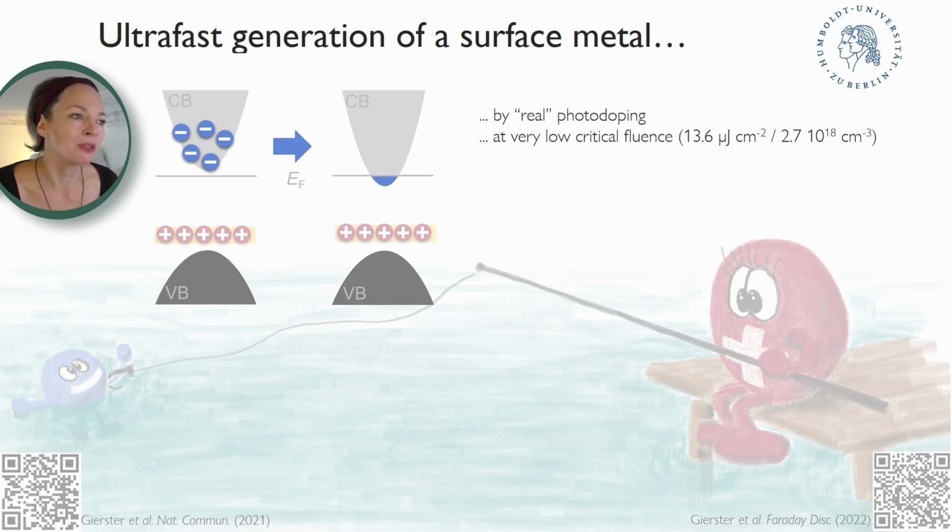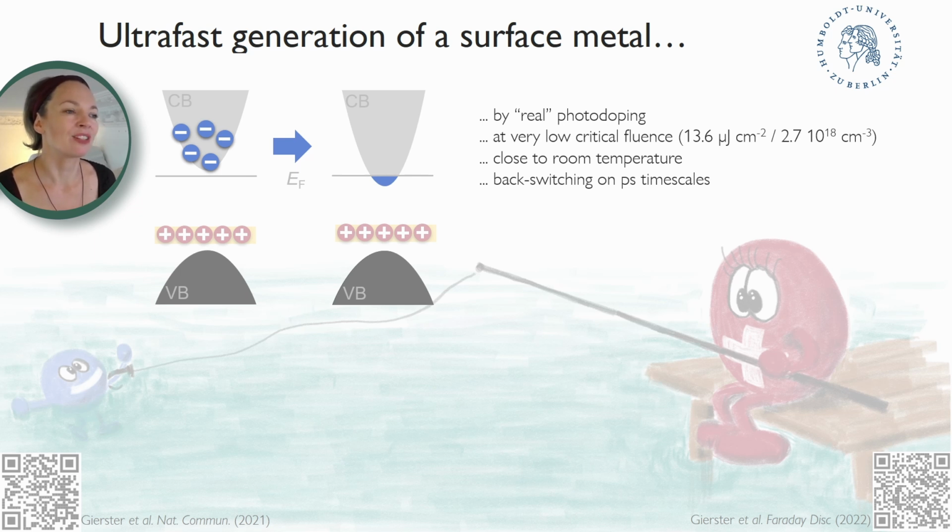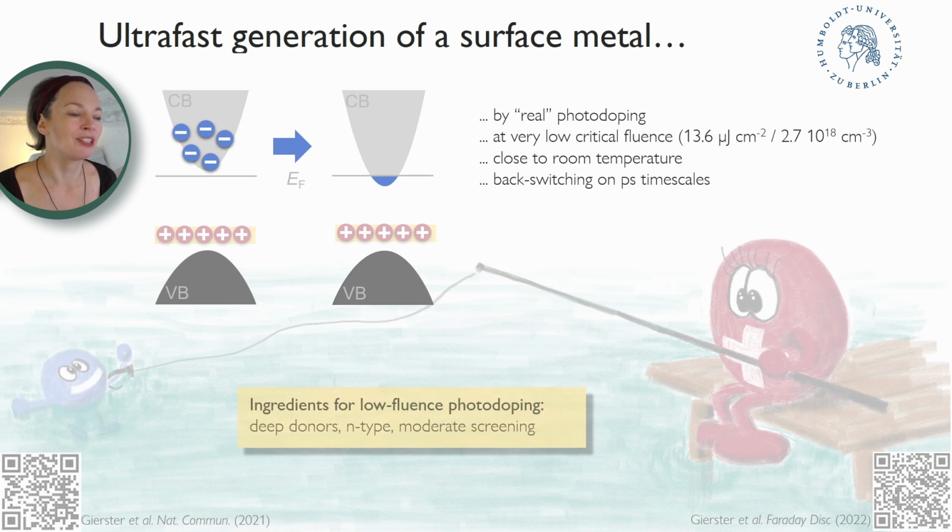However, even that wouldn't be an issue because zinc oxide, even when it's hot, still is a semiconductor. What I've not shown you is that we can do these experiments even close to room temperature, and we observe backswitching on picosecond timescales. So it seems like this ultra-fast surface metallization can really be used in applications.